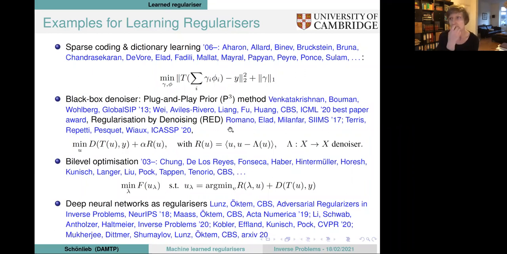The two prizes awarded by the SIAM imaging activity group, the best paper award and the early career award, were both awarded for this type of thing: one for plug and play to Charlie Bouman, and the other to Romano for the RED paper.